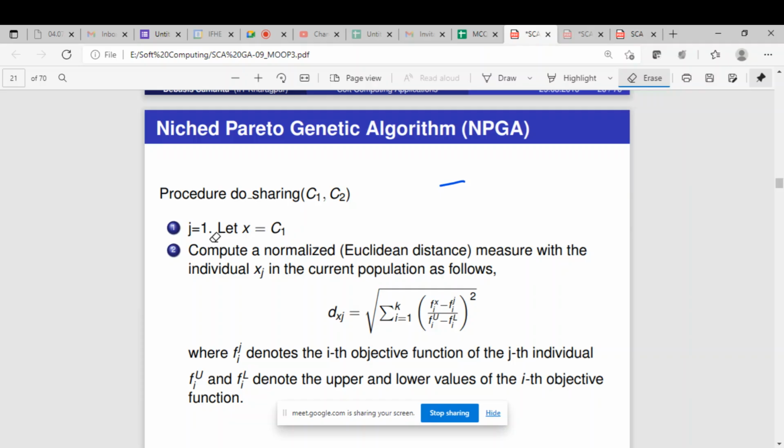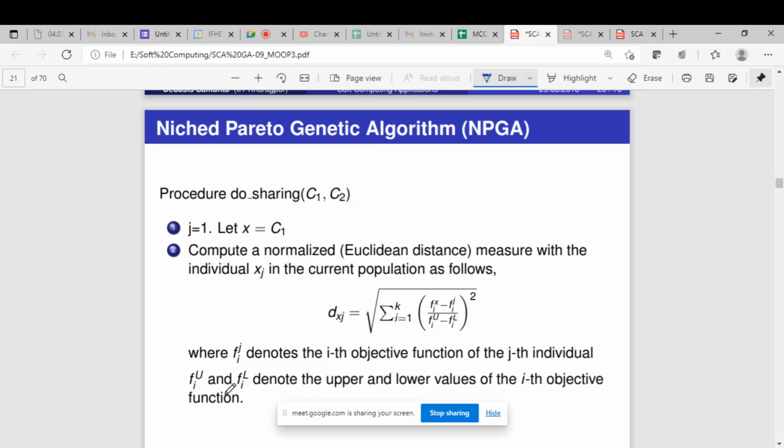Let j equal 1, x equal to C1. The sharing algorithm should be followed for both C1 and C2. This algorithm is written in terms of C1, and similarly it should be repeated for C2. Initially, for C1, compute the normalized Euclidean measure with the individual xj in the current population.